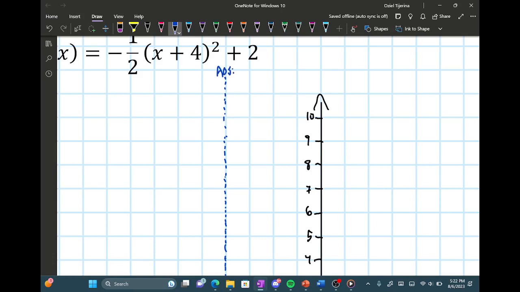I use AOS for axis of symmetry. We're drawing it so that we can better sketch our graph. So it's x equals negative 4.